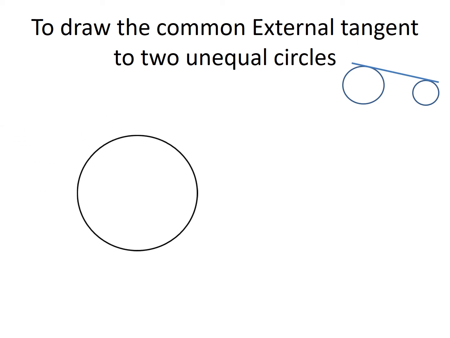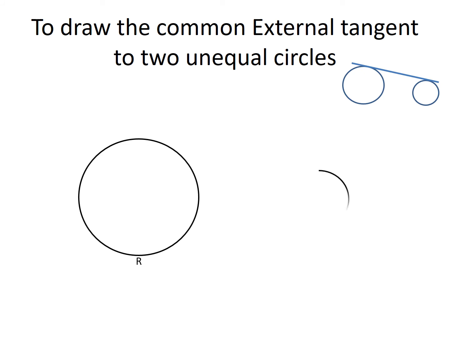Next construction, to draw the common external tangents to two unequal circles. So we're working with this scenario here. An external tangent is passing on the outside of two unequal circles. So we have one circle of radius R, and we have another circle of radius small r.